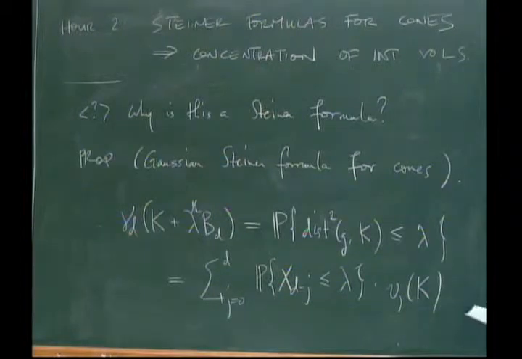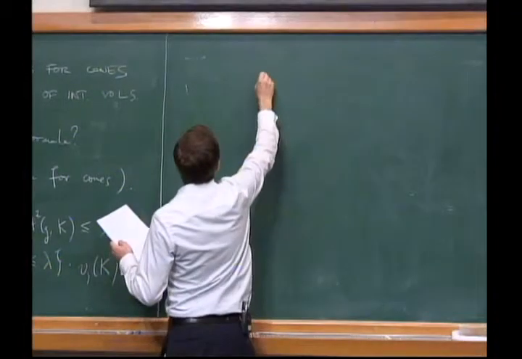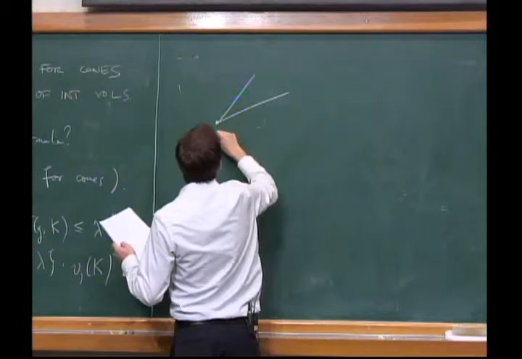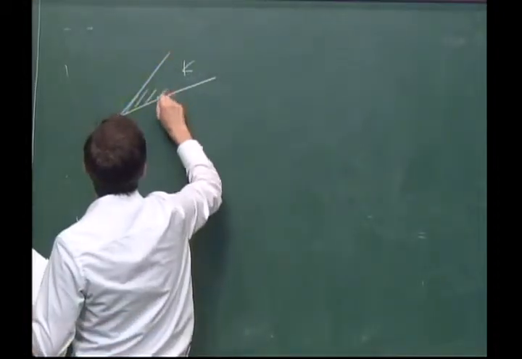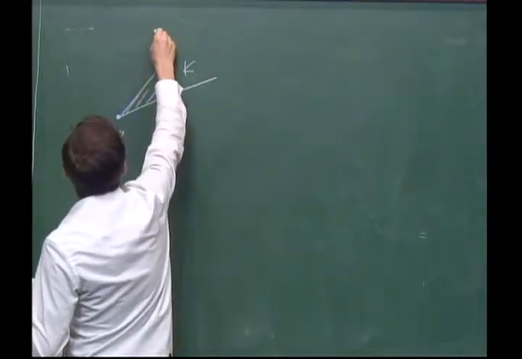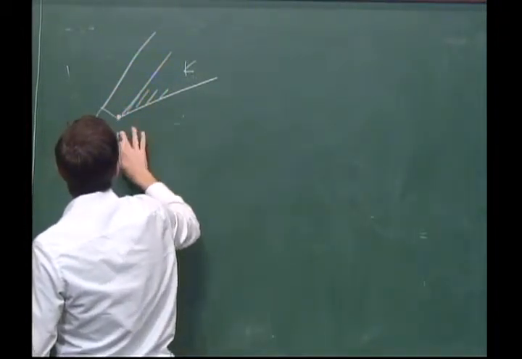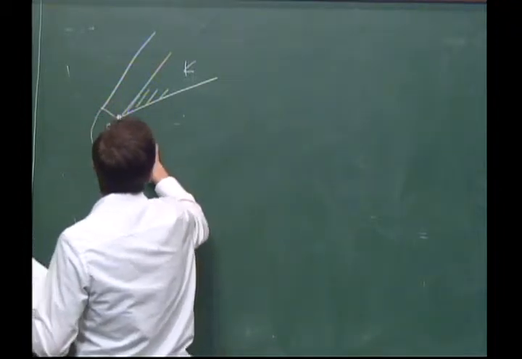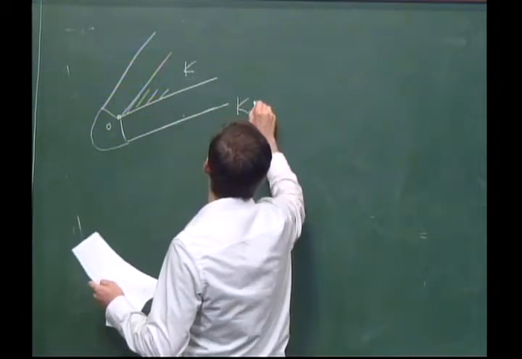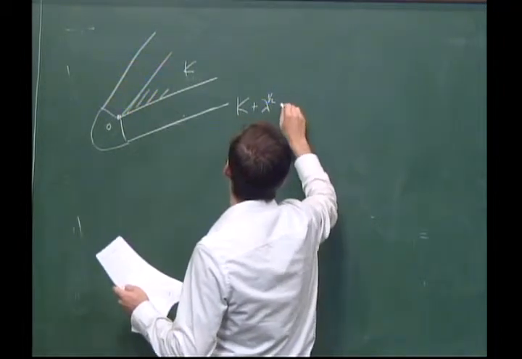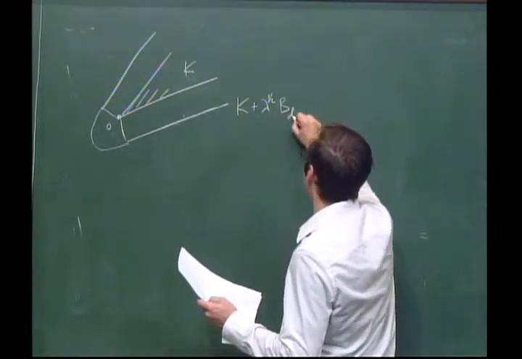Good point. Okay. So in other words, we're in a picture that's similar to the one that I'm erasing, which I'm going to replace by the corresponding picture. So for a cone K, we're going to look at the parallel body, K plus lambda 1/2 of the unit ball.